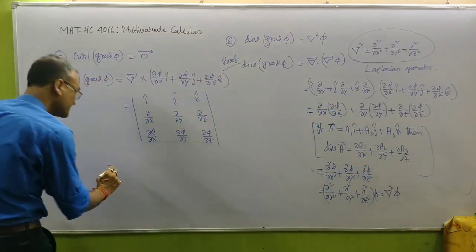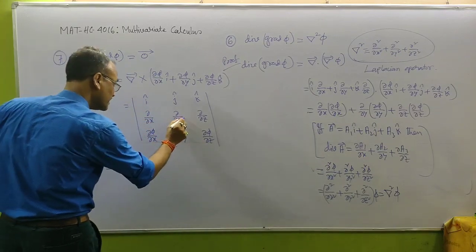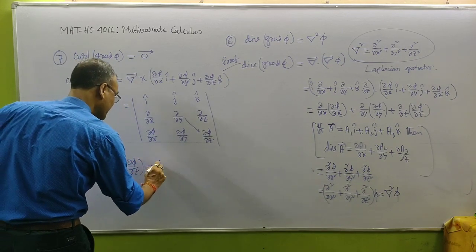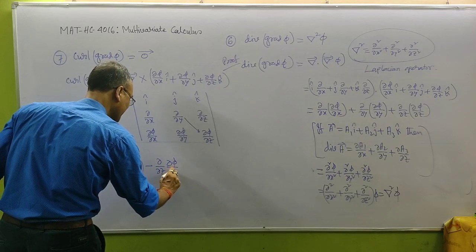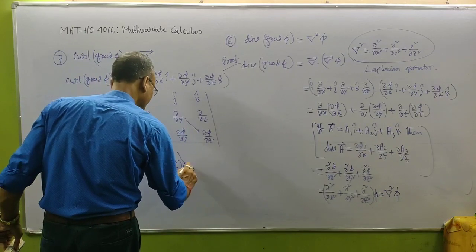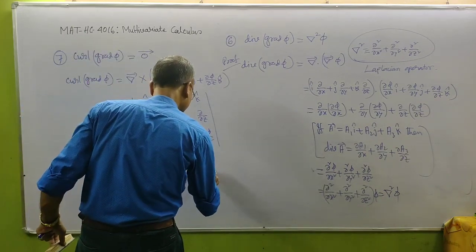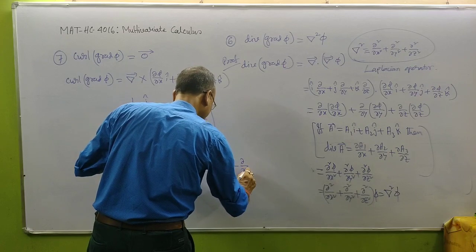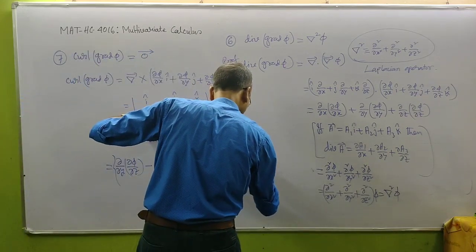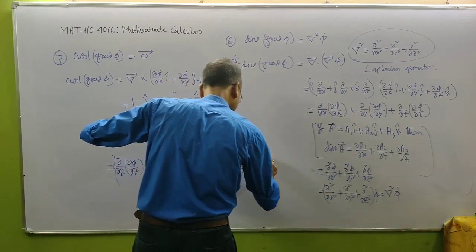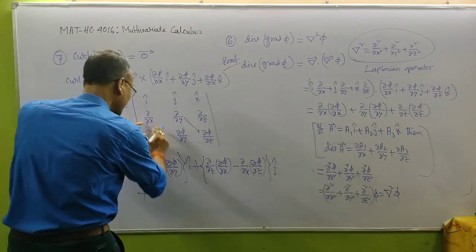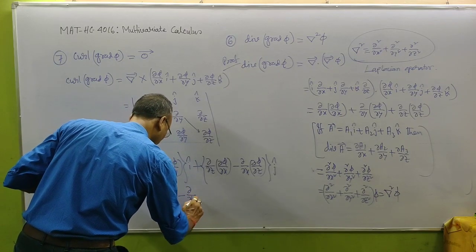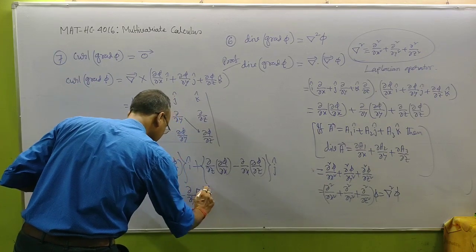This is equal to delta by delta y of delta phi by delta z minus delta by delta z of delta phi by delta y, i cap, plus delta by delta z of delta phi by delta x minus delta by delta x of delta phi by delta z, j cap, plus delta by delta x of delta phi by delta y minus delta by delta y of delta phi by delta x, k cap.